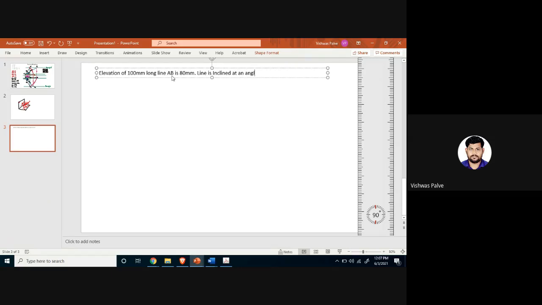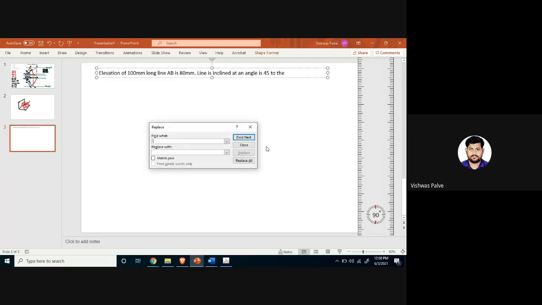Why I'm typing here? Because you have to read this carefully. This question will give you an idea what exactly we have to draw. At an angle of 45, consider it as a degree. Okay, the symbol is not coming, so I will not waste time on that. 45 to the HP.